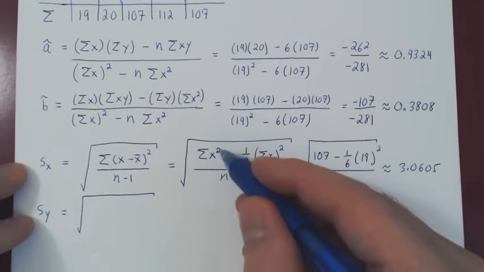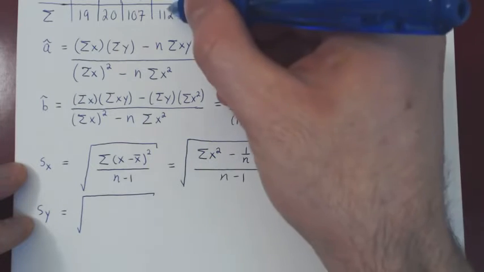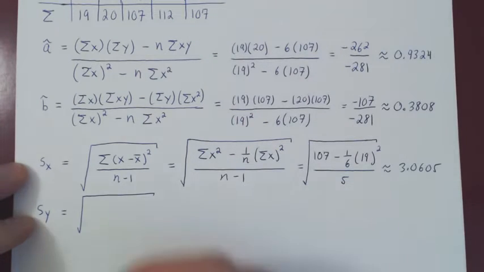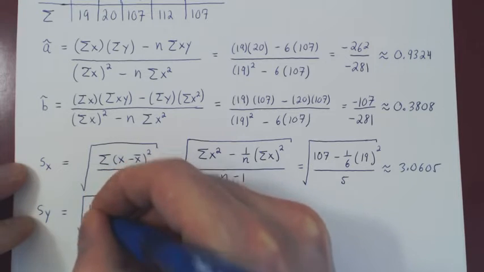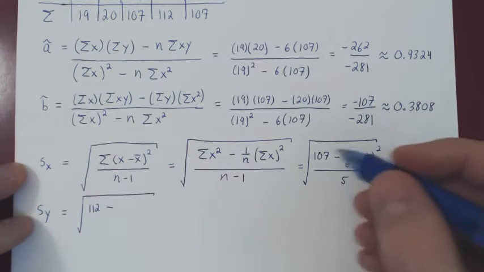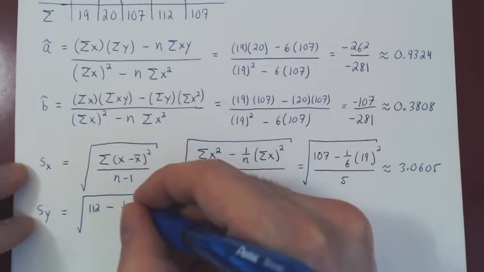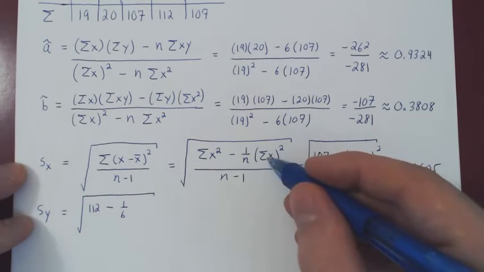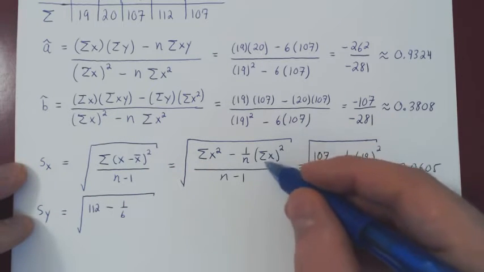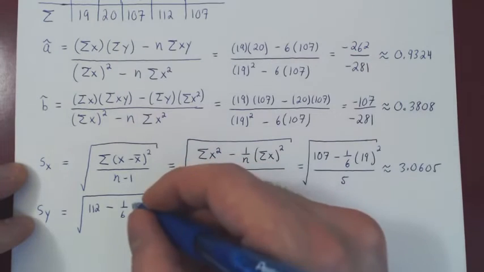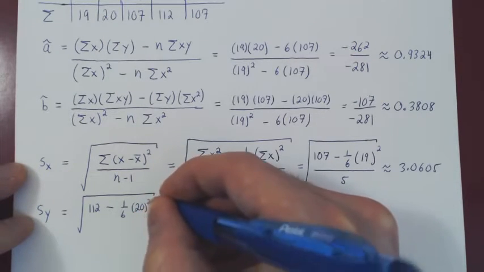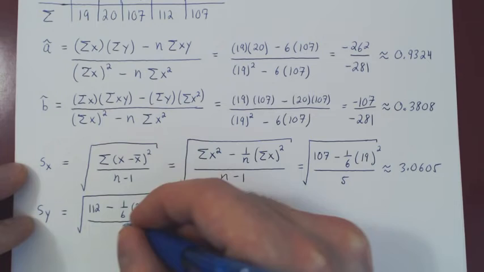Sum of the y's squared, that was the result of our 4th column, so 112, minus 1 over n, 1 over 6, times the sum of the y's squared. Sum of the y's is the result of our 2nd column, so minus 20 squared, over, of course, n minus 1, which is 5.